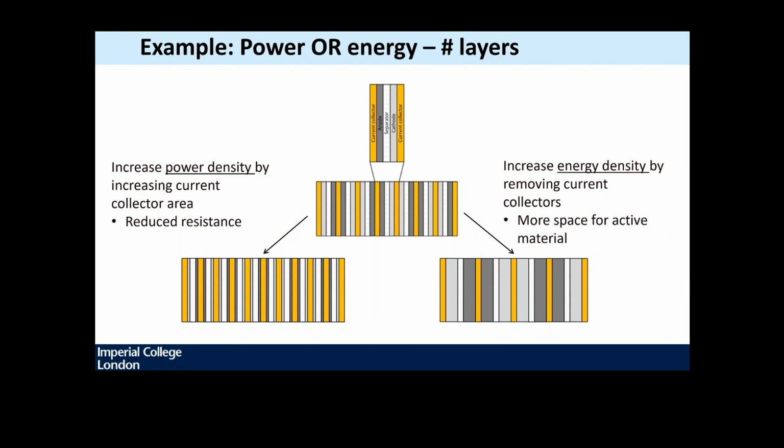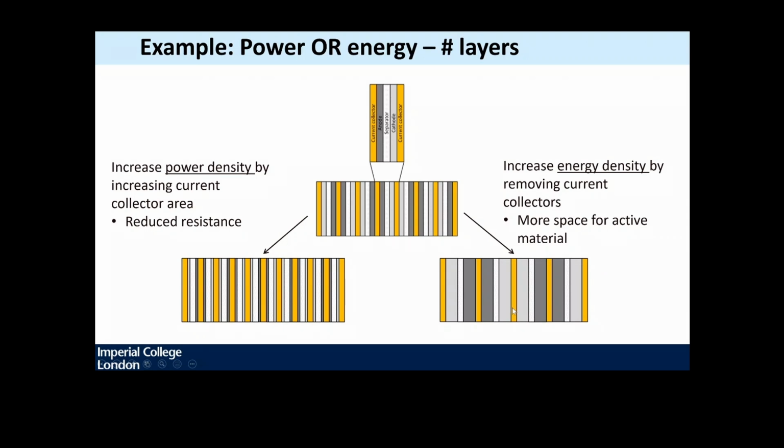fewer current collectors. And it's already intuitive that the example on the left would give you a more powerful cell because you have lots of interfaces and you can draw a lot of current through all of the current collectors. You can also cool it better because the current collectors can serve well to eject heat from inside the cell.